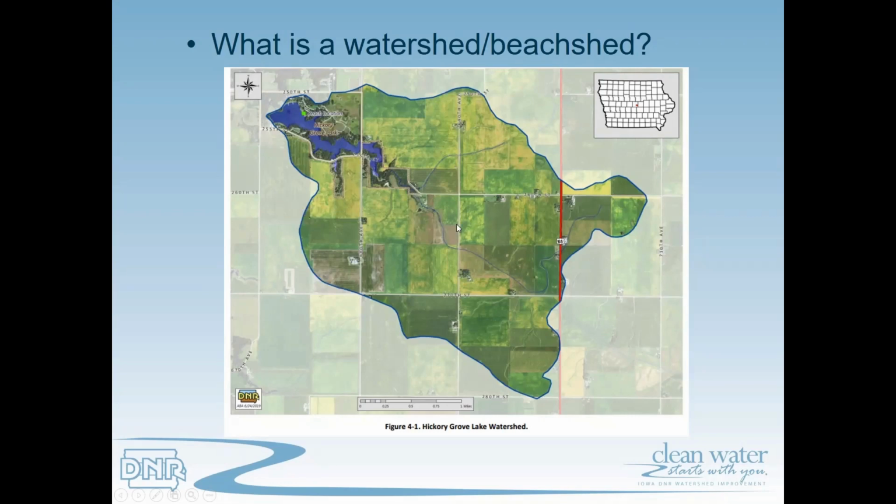So if a raindrop falls anywhere inside of this area that's outlined in the darker blue, it's going to eventually find its way into that water body. Any drop of water that lands outside of it is going to go somewhere else.